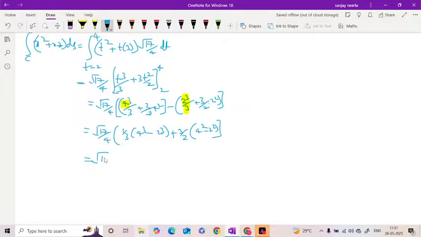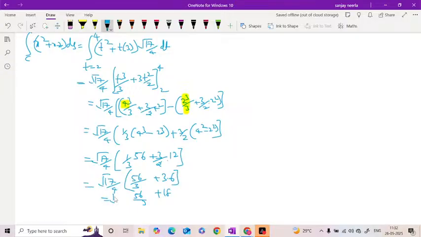That means root 17 by 4 into 1 by 3 of 64 minus 8, which is 56, plus 3 by 2 into 16 minus 4, which is 12, that is 18. So 56 by 3 plus 18 into root 17 by 4. Finally after rewriting we get 55 root 17 by 4 as the result. So this is the line integral.